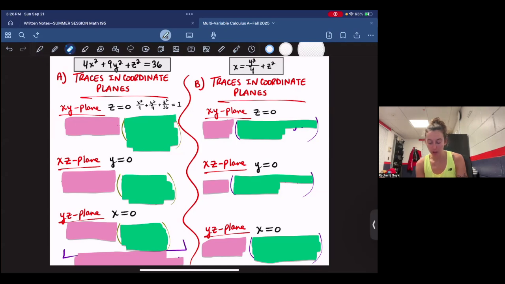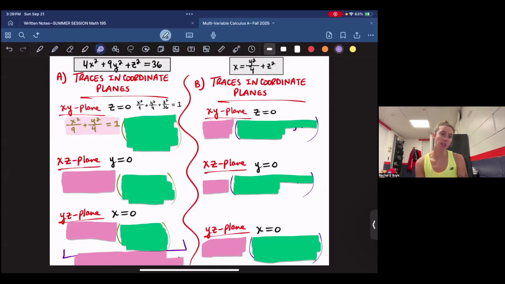We want to look at our xy plane. So when z is equal to 0, this whole thing cancels out, and we're left with x squared over 9 plus y squared over 4 is equal to 1, which is our famous ellipse.